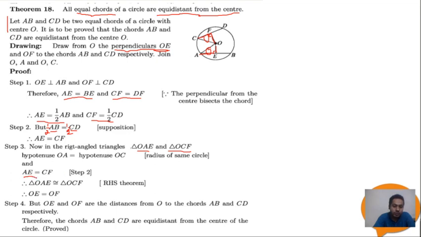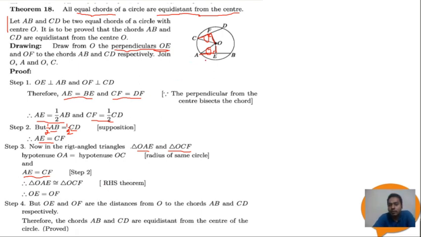And AE is equal to CF, using step 2. In right angle triangles, we can say both triangles are congruent. This is the RHS theorem: right angle, hypotenuse and side are equal. That means both triangles are congruent.